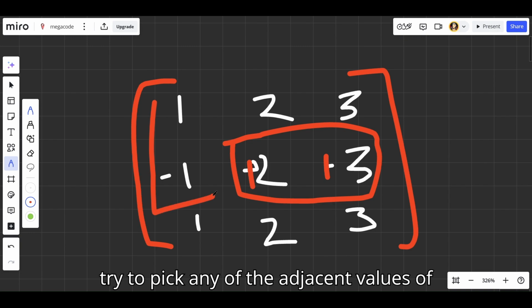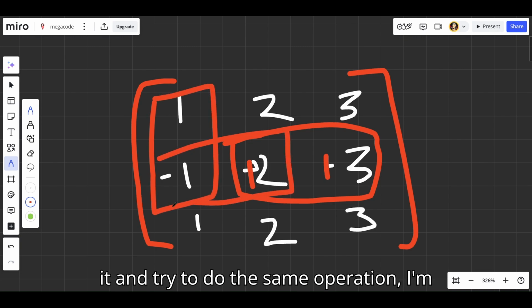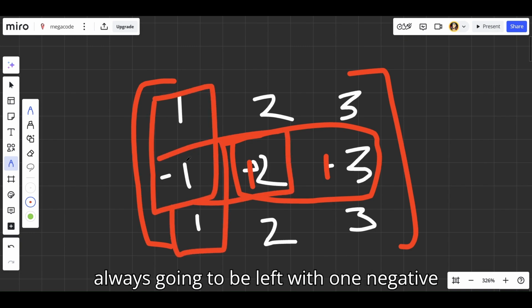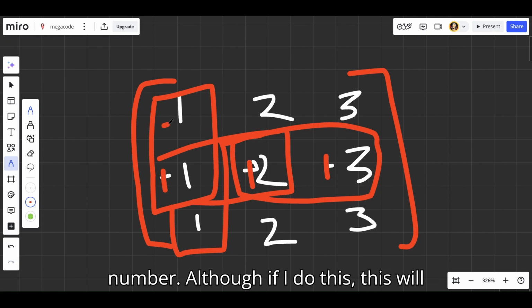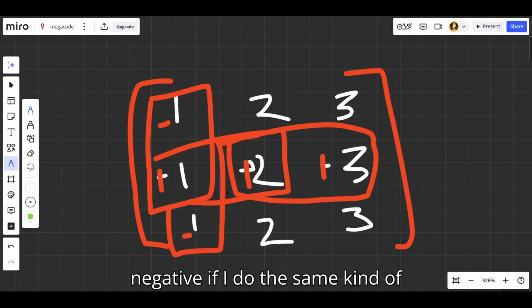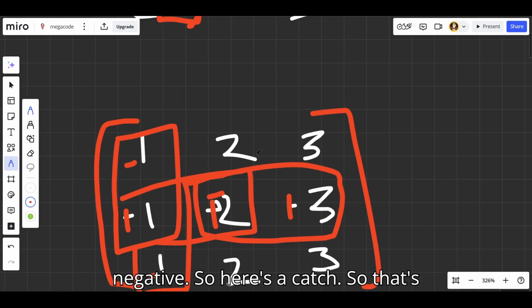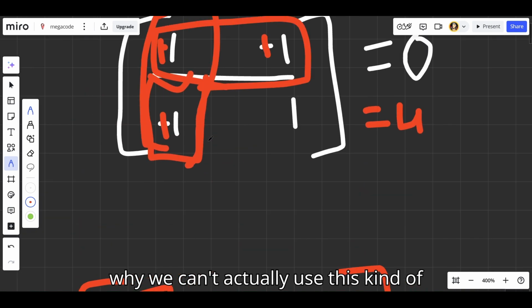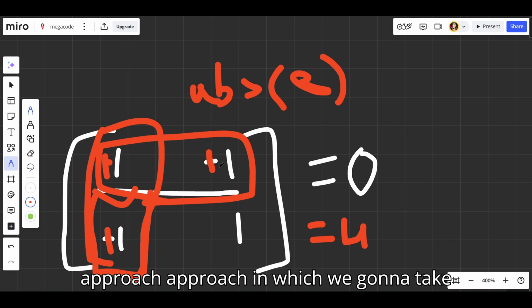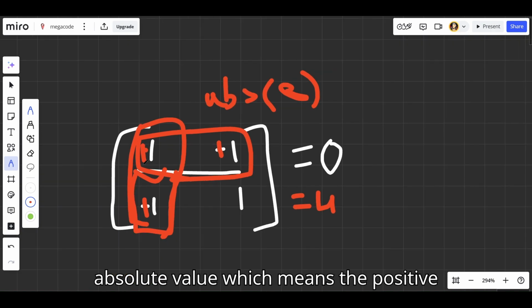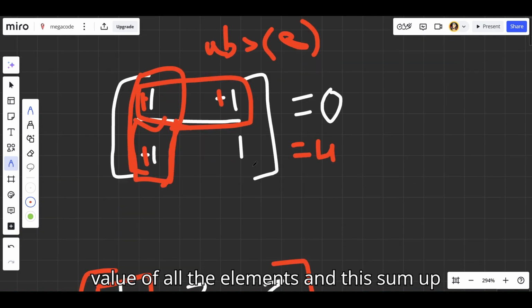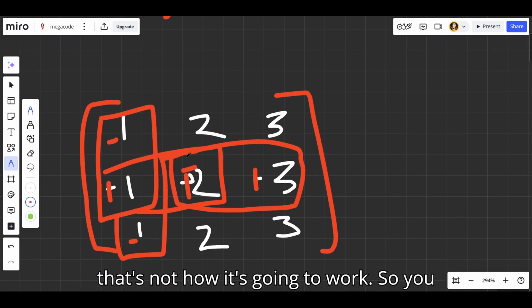Even if I pick any of the adjacent values of it and do the same operation, I'm always going to be left with one negative number. Although if I do this it will become negative, this will become negative if I do the same kind of operation, and this could also become negative. So here's the catch. That's why we can't use this kind of approach in which we take the absolute value, which means the positive value of all the elements, then sum up and give the maximum result. So that's not how it's going to work.